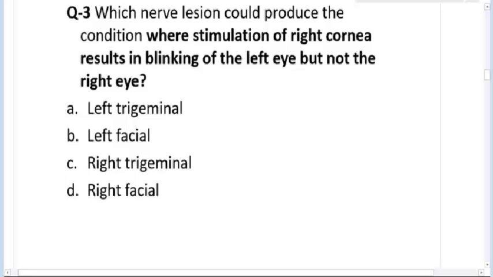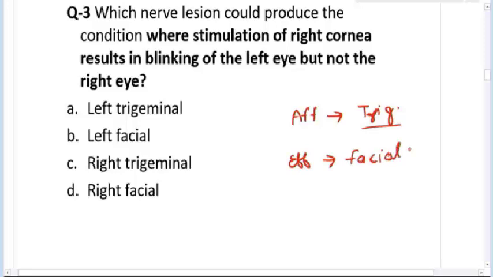This is a reflex procedure where afferent is trigeminal nerve, basically the ophthalmic nerve of the trigeminal, and efferent is the facial, which will supply the orbicularis oculi.